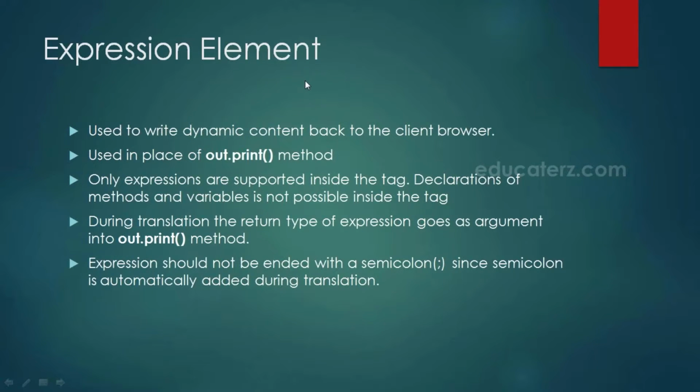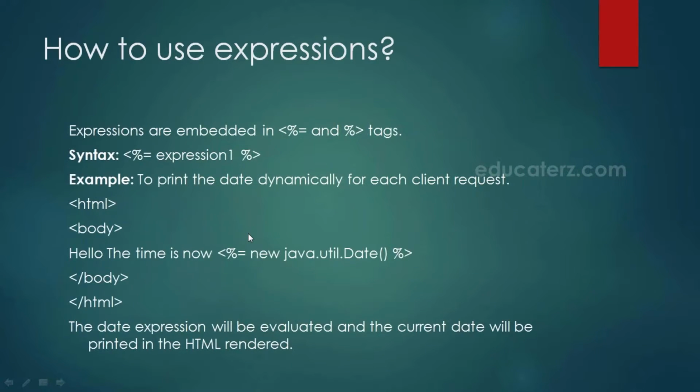The expression element is used to write dynamic content. Whatever data we want to display to the user is written in expression elements. It is similar to the out.print method. Only expressions are supported inside the tag. When we are writing expressions, the expression should not end with a semicolon because it is automatically added during the translation phase.